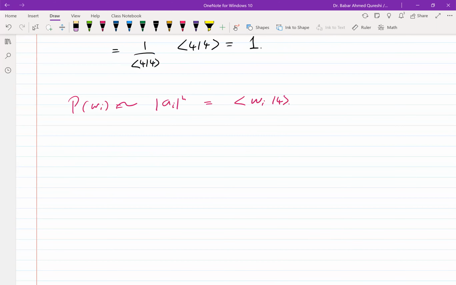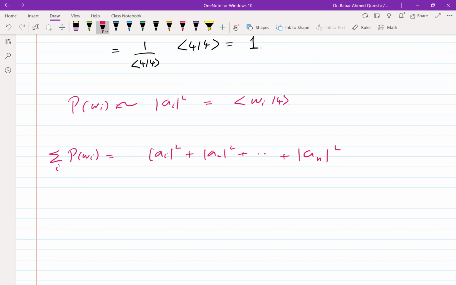So you know that if you want to normalize a probability, you can take the sum of all of them and divide by this sum.